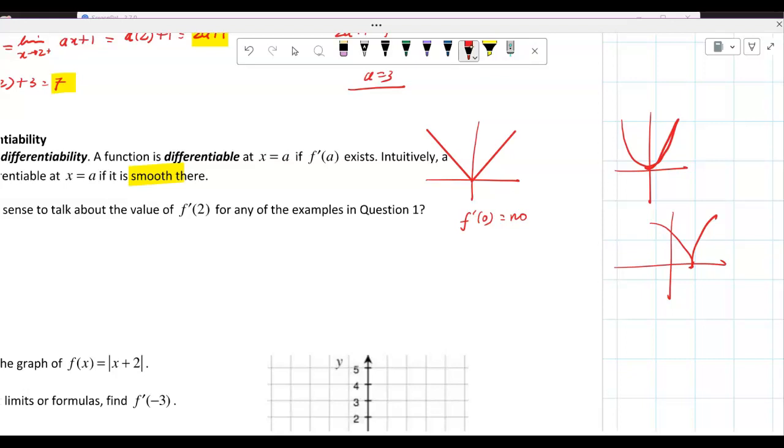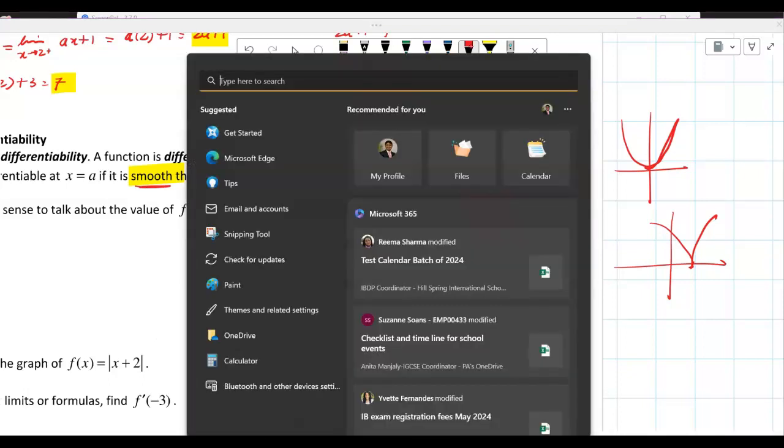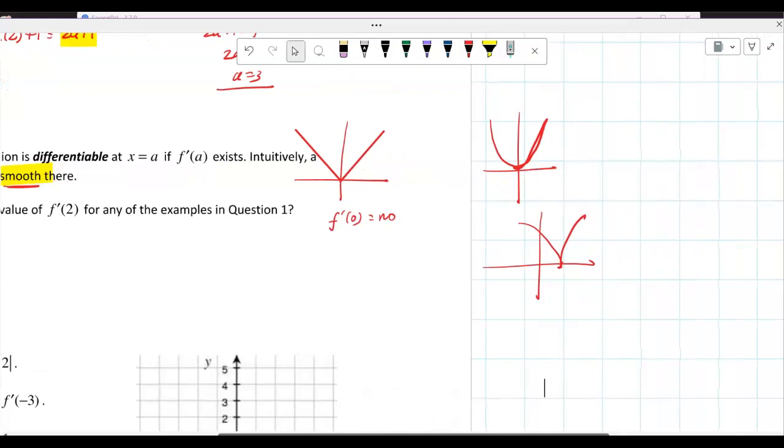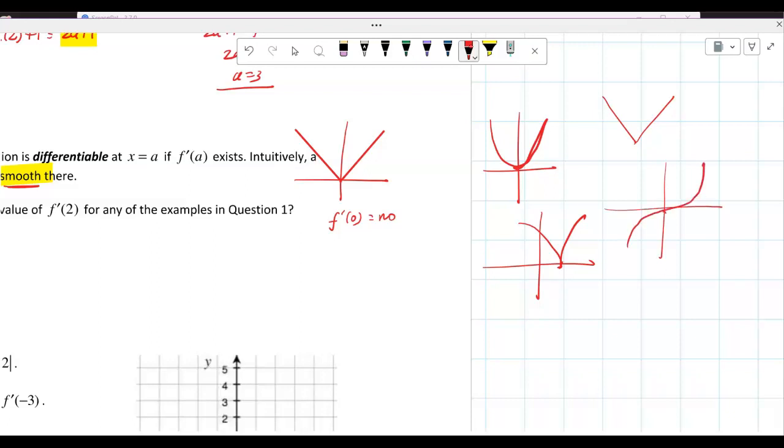So the curve has to be smooth there. It's forming a vertex, so it's not smooth. It is a curve like y is equal to x cube, that would have a derivative.